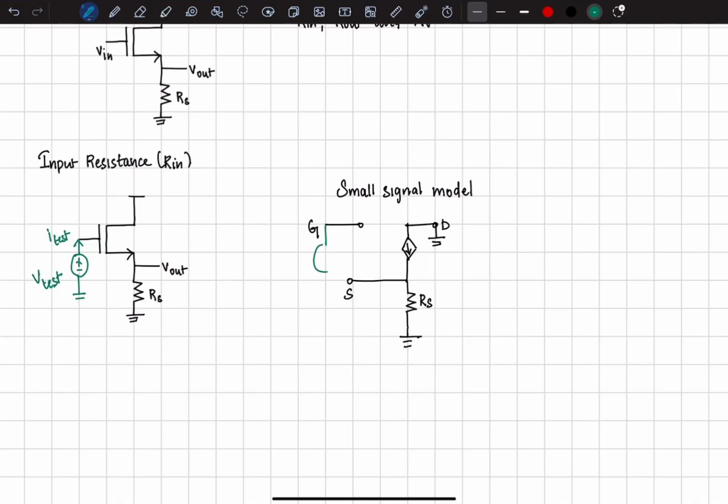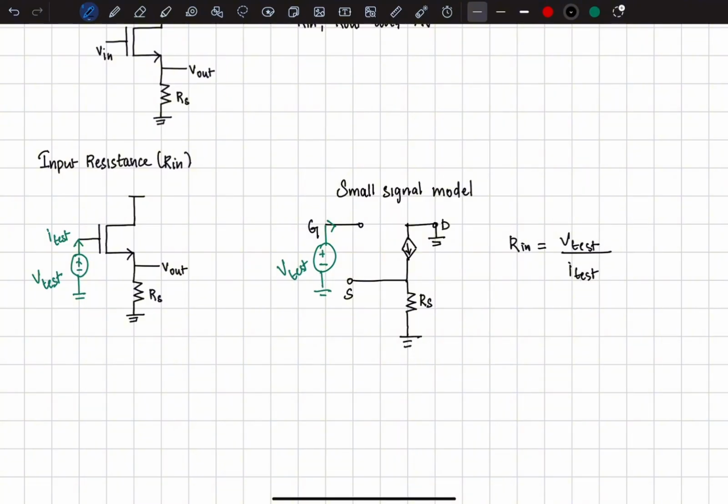So my test voltage will be given here. And I've grounded the drain terminal because the drain terminal is connected to VDD, which would be AC ground in the small signal model. And here the input resistance Rin is equal to V test divided by I test.